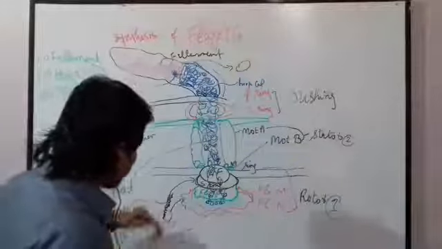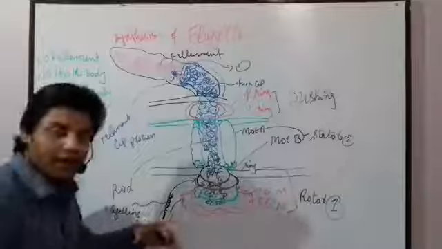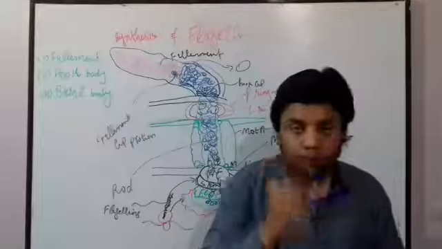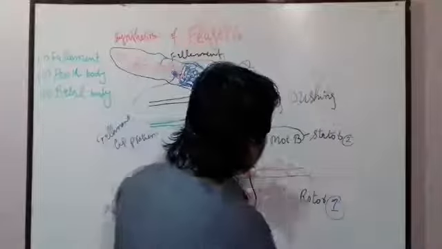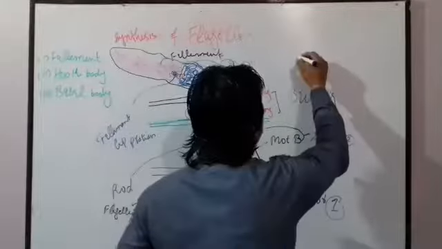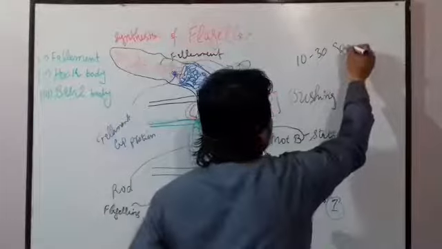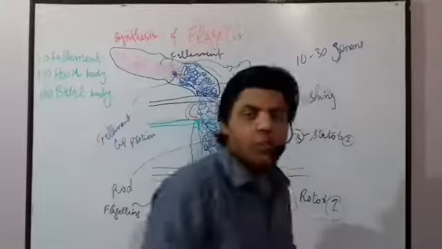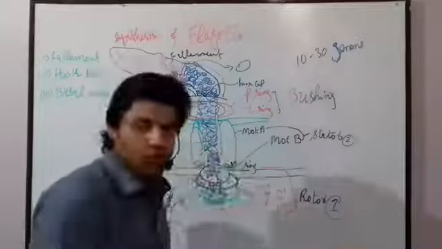Now in this case again these ribosomes and this messenger RNA are connected to each other. The first thing that I forgot: for the synthesis of the basal body and the hook, we need almost 10 to 30 genes. Okay, so we need 10 to 30 genes for the synthesis of the basal and hook portion.